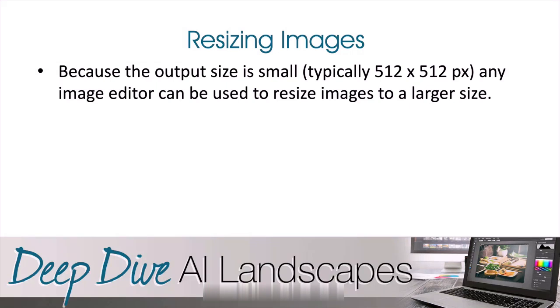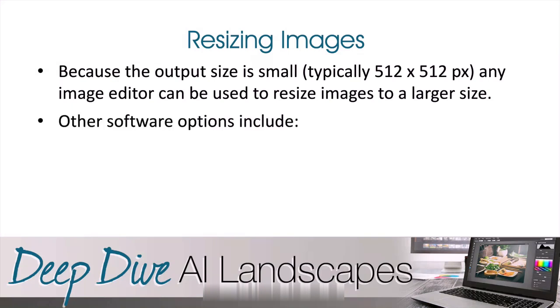So in other words, you could use Photoshop or Photopea or GIMP or Affinity Photo if you want. And they will give you the ability to resize the images or upres the images, although you will not get your best result with those. I mean, you can use them, and because we're converting them into paintings, it won't really matter that much.